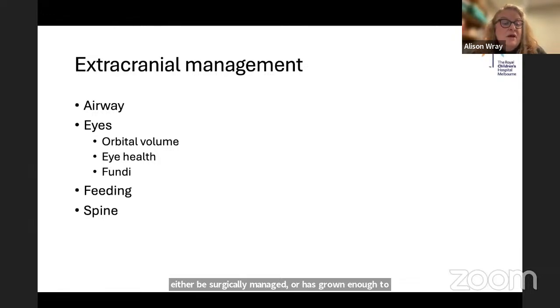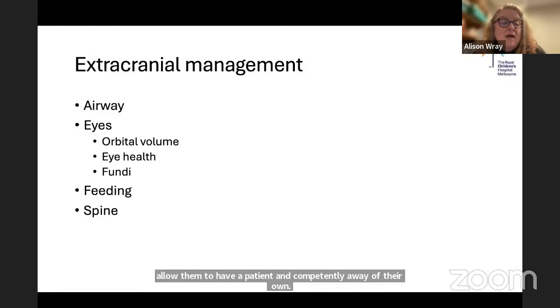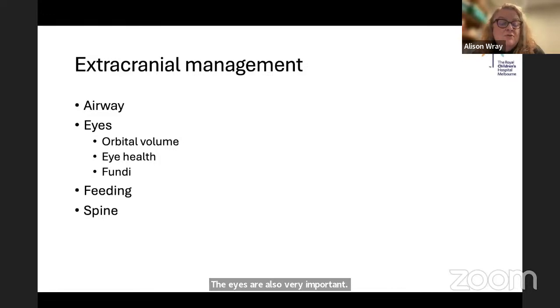The eyes are also very important, and we need to think about the orbital volume. We need to think about the eye health of the cornea, and also from a pressure viewpoint, the health of the fundi as well. The feeding and nutrition is also very important, not just for general growth and development, but also for bone and brain growth and development.